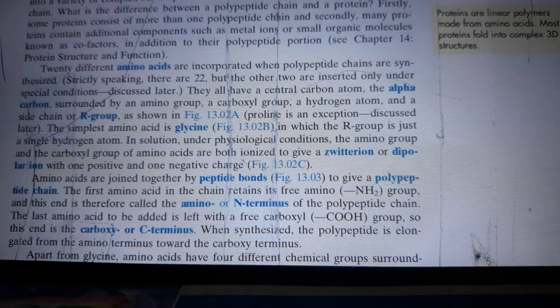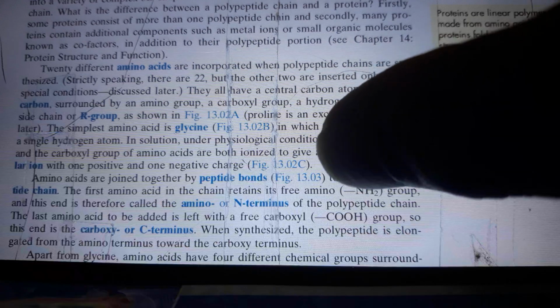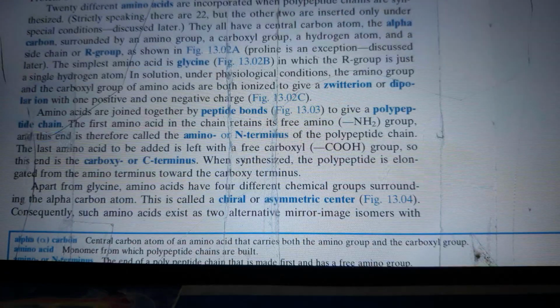And to note here, proteins are linear polymers made from amino acids. Most proteins fold into complex 3D structures, right? And the simplest amino acid is glycine, in which the R group is just a single hydrogen atom.